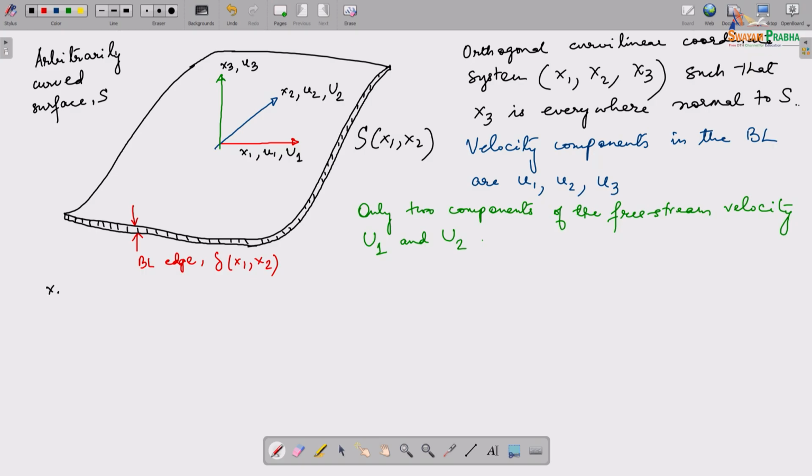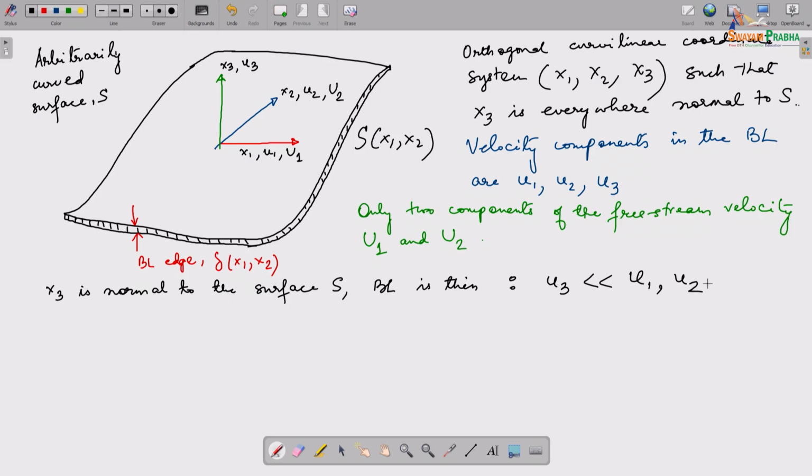So x3 is normal to the curved surface S, and the boundary layer is thin in the x3 direction.